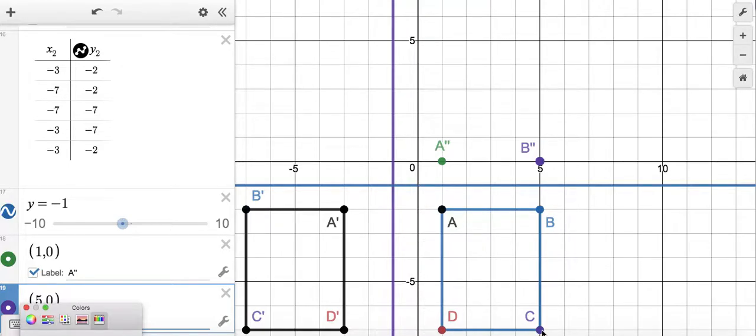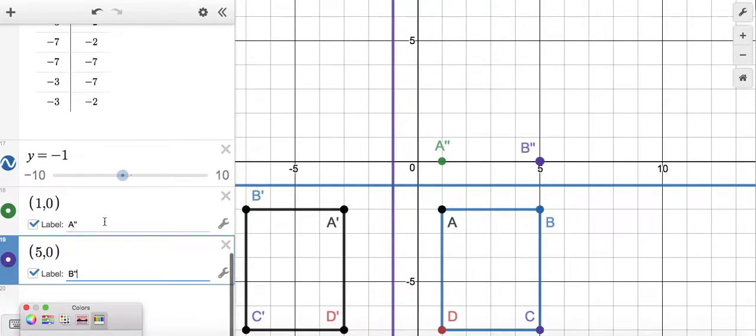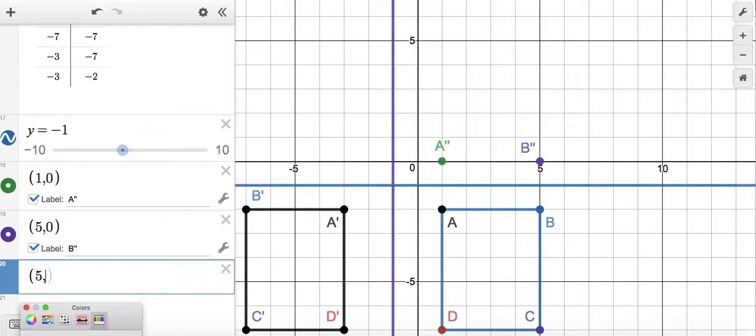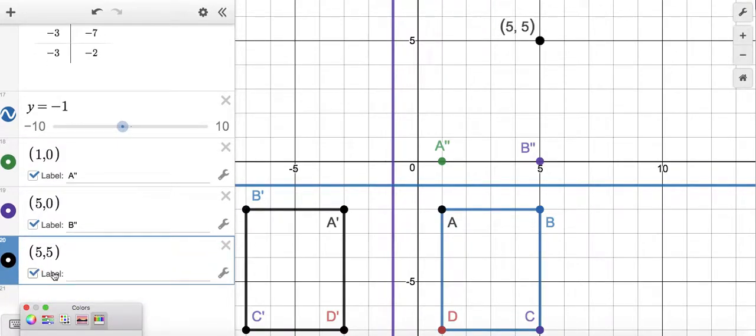So we see it's 6 spots away from this axis. So we're going to have to count up 6 in the other direction. 1, 2, 3, 4, 5, 6. And we end up right here on point 5, 5. So we're going to make 5, 5 be C double prime.